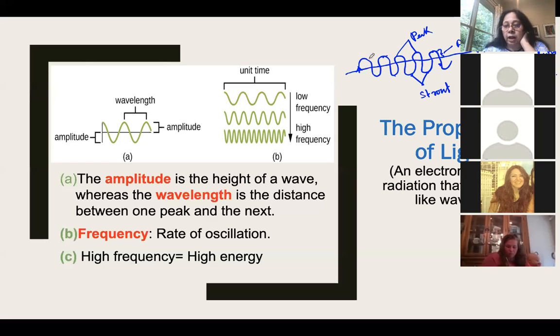So let's say over here we have 1, 2, 3, 4, 5 peaks per second. So how many waves can one light make per unit time? Unit time could be second, minute, or hour. That's the frequency. So rate of oscillation, or the frequency.